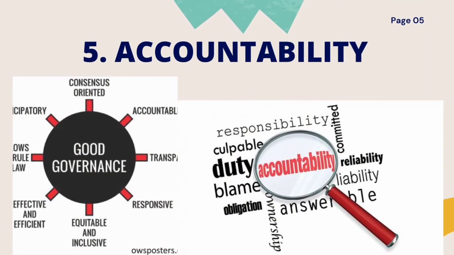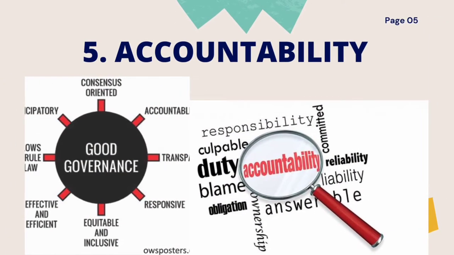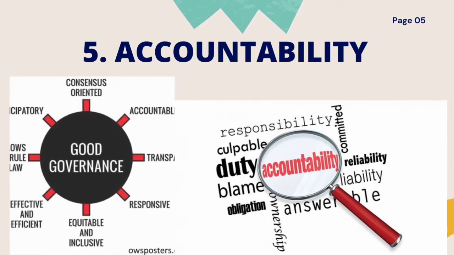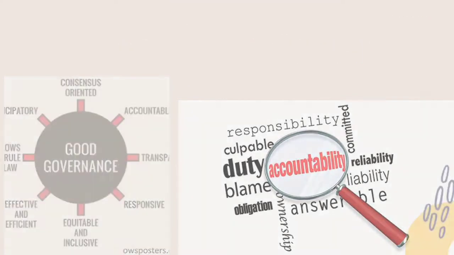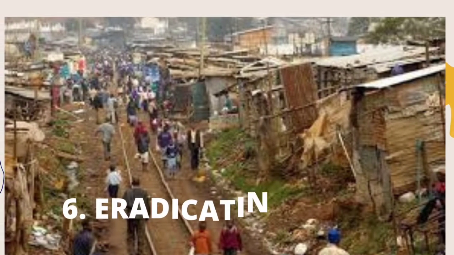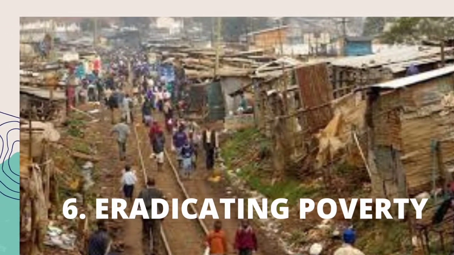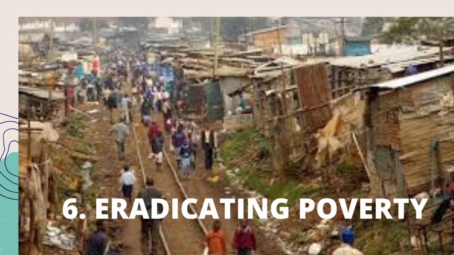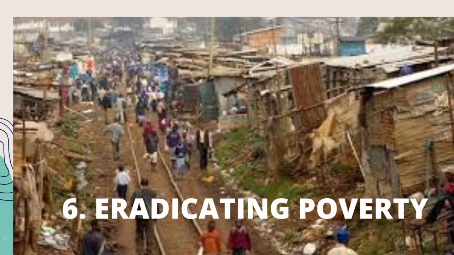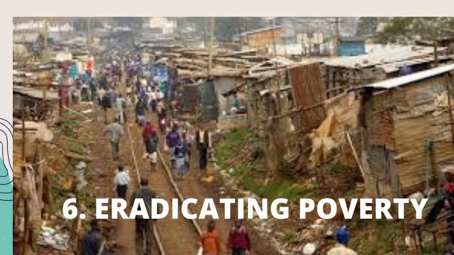Public officials should be made to be accountable to those they are representing. And then 6. Eradicating poverty. Government should provide employment opportunities so that people can be gainfully employed. Farmers and business owners should be assisted by government in order to reduce poverty.